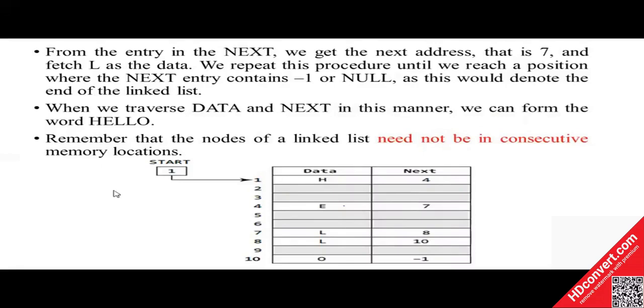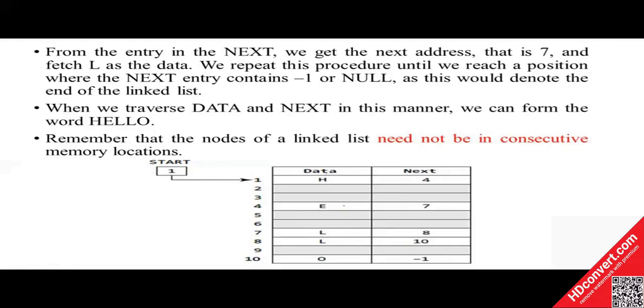I told you start is a special pointer which stores the address of the first element in the linked list. So which is my first element in this linked list? 1. So this 1 is stored in the pointer variable start. The first node contains the data H.